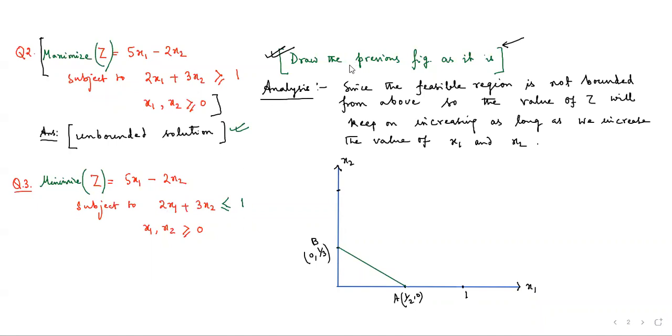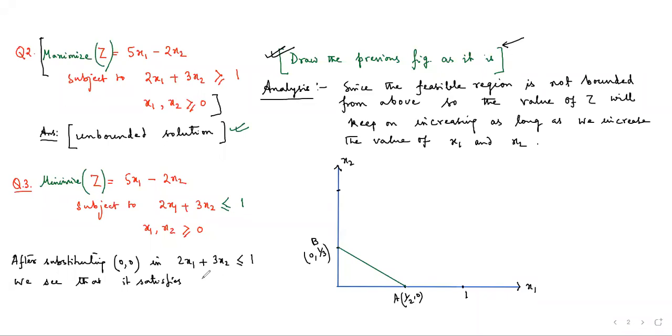So after drawing this straight line, what you need to do is substitute 0, 0 in 2x1 plus 3x2 less than or equal to 1, and we see that it satisfies the inequality. So the region will be that side which contains 0, 0.